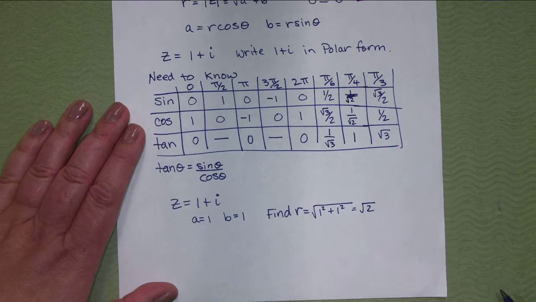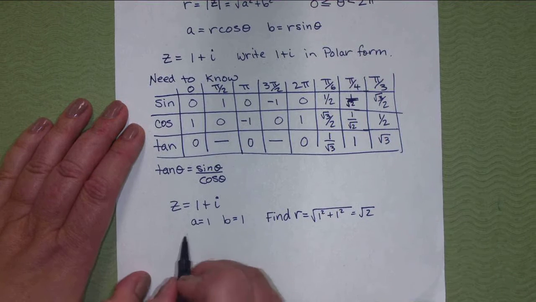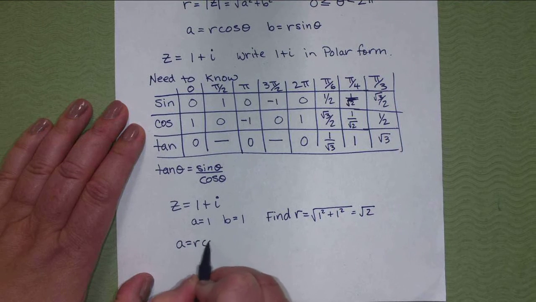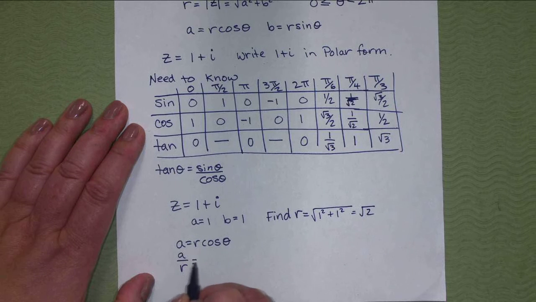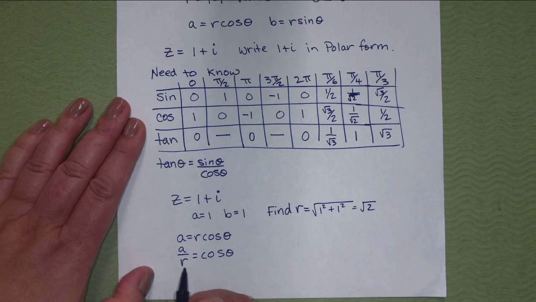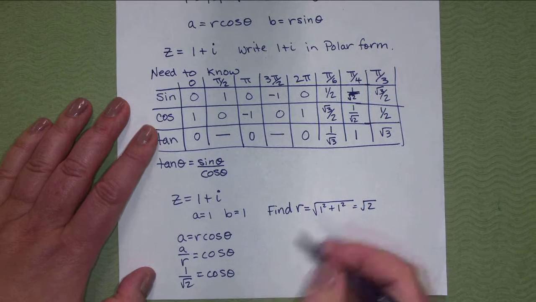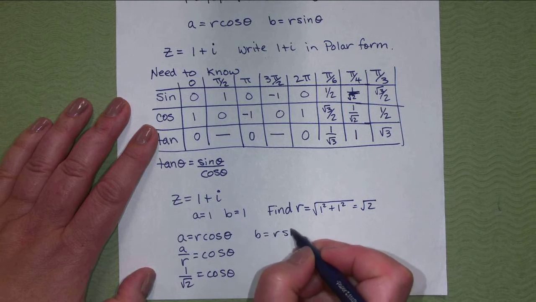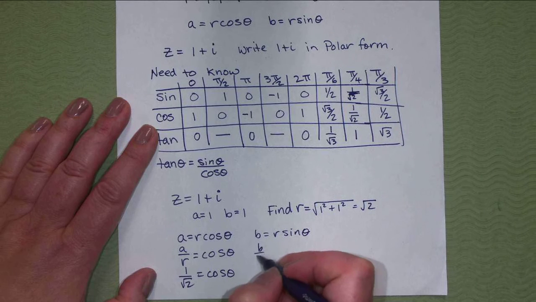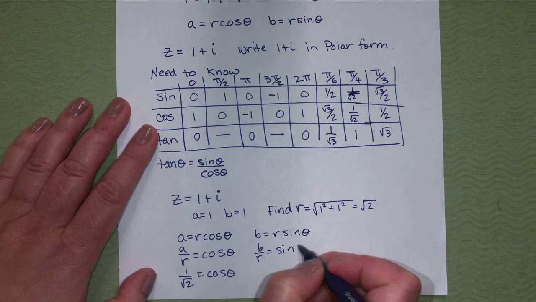And then you go back and use a equals r cos theta to find theta. So a is 1 and r is root 2, so we would have 1 over root 2 equals cos theta. And b equals r sine theta, so b over r equals sine theta, 1 over root 2 again.